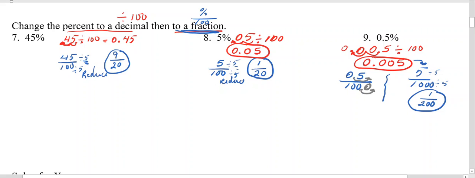The decimal is always at the end of the number, and it gets moved one place in this case. So I end up again with 5 over 1,000 because I have 3 zeros. When I reduce it, I still get 1 over 200 because they're both still divisible by 5. So either way you do it, you get the same answer, 1 over 200.